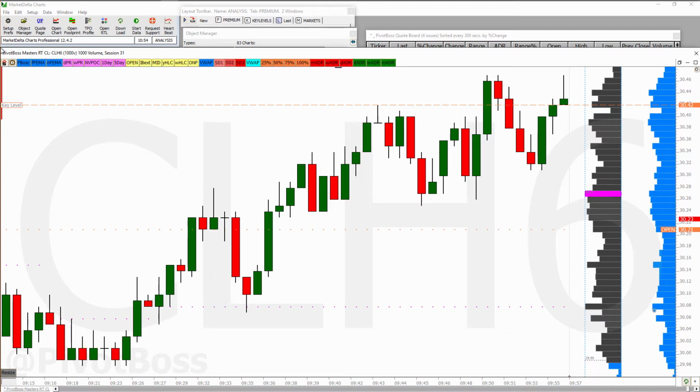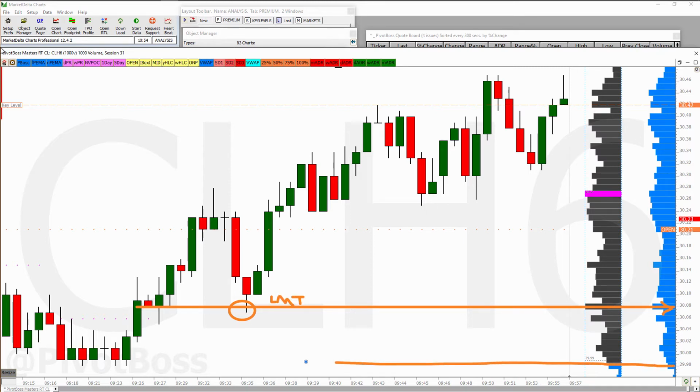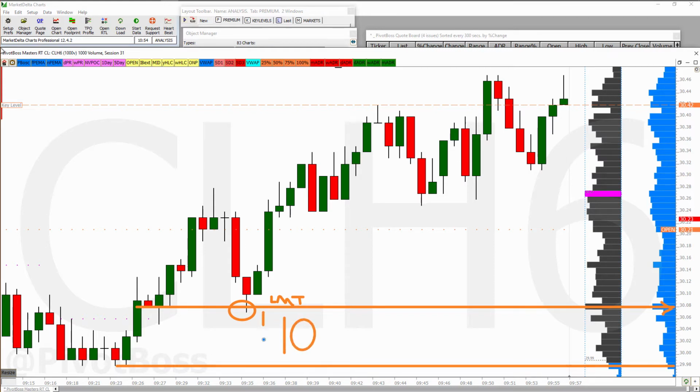But say you did just around 10 ticks. If 30.08 is your target entry and you get filled on that limit, then your stop becomes 29.98. So that's 10 ticks right here. And this is your entry right on that level.